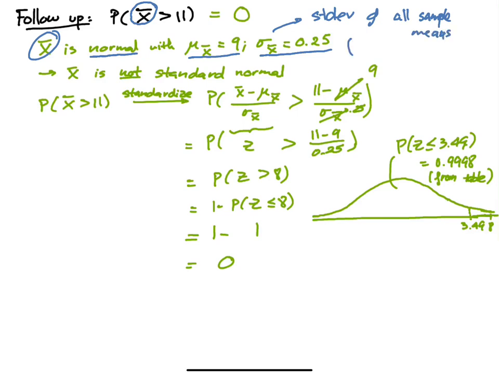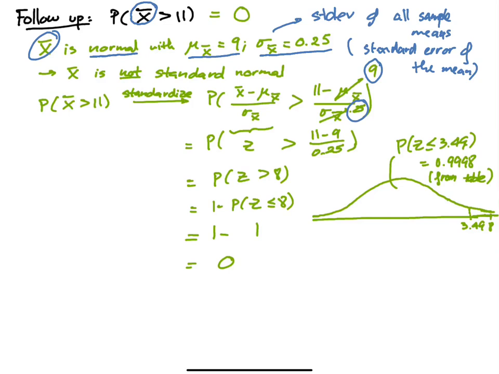Another name for it is the standard error of the mean. So the standard deviation of all the sample means and the standard error of the mean are the same thing. Anyhow, the variable of interest here is normally distributed with a mean of 9 and a standard deviation of 0.25. So when you standardize this problem, you're supposed to use 9 for the mean and 0.25 for the standard deviation.